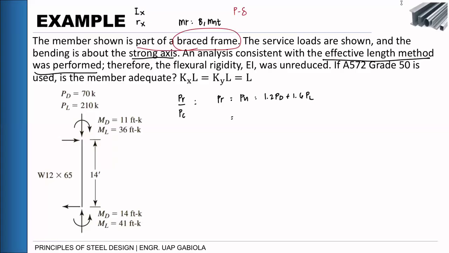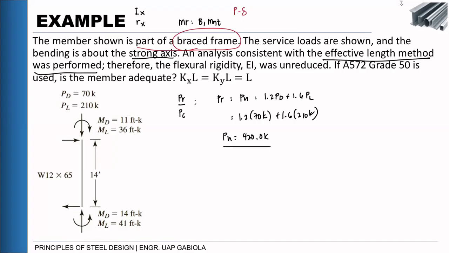So, that is 1.2 times 70, plus 1.6 times 210. That is 420 kip.